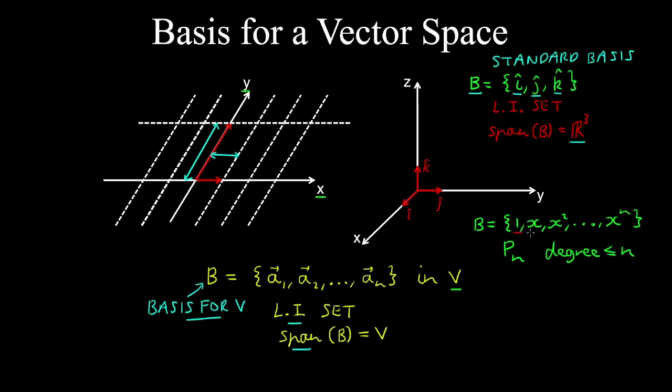So recall that we can treat these as vectors with one component, and we've shown previously that B forms a linearly independent set.